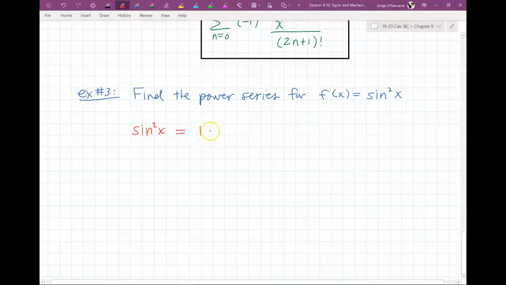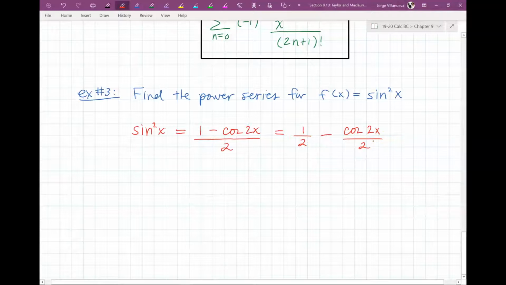It was 1 minus cosine 2x over 2. Now if you're saying, well, that doesn't look much easier, just give it a second. This is half minus cosine of 2x over 2.